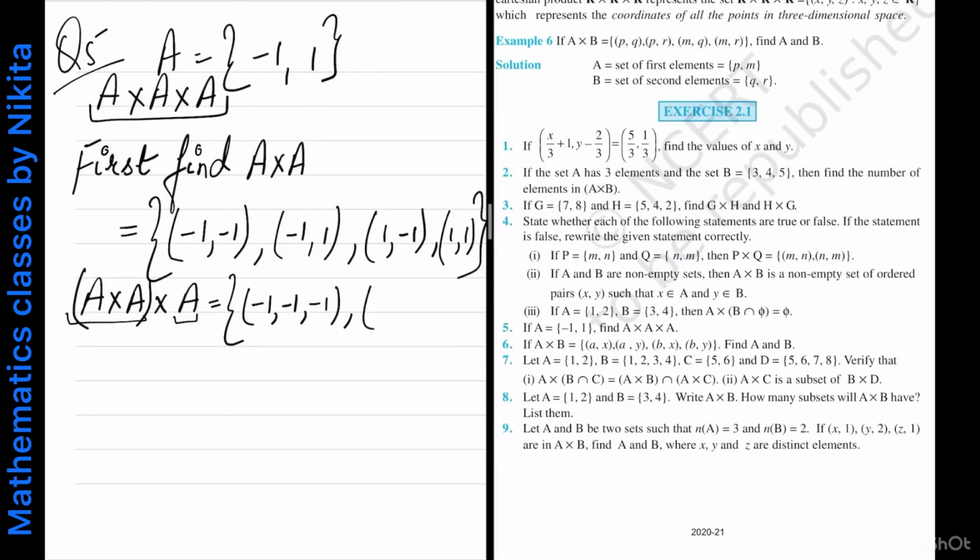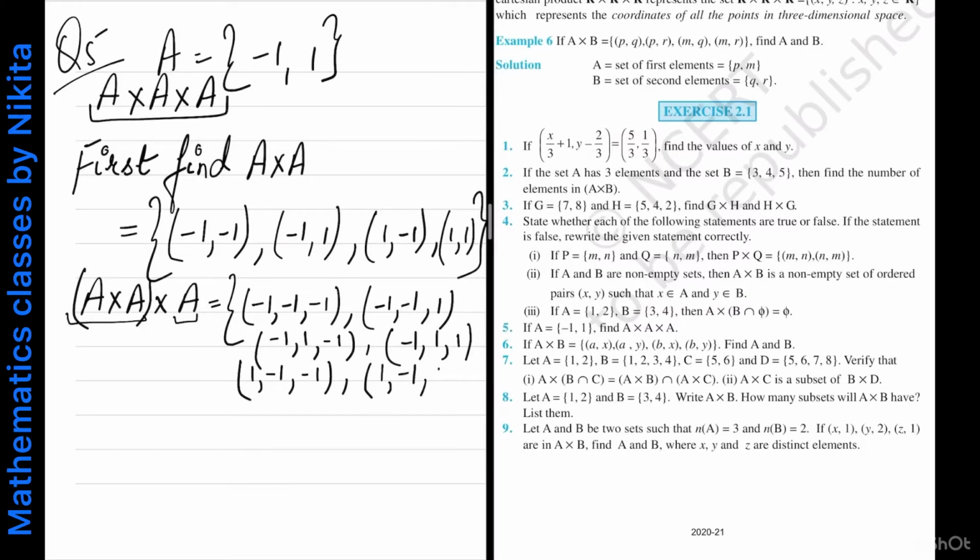Then we will write (-1, -1, 1), then (-1, 1, -1), then (-1, 1, 1), then we will write (1, -1, -1), then (1, -1, 1), then (1, 1, -1), and then (1, 1, 1).